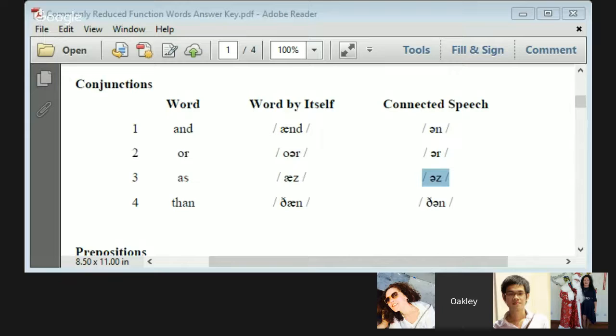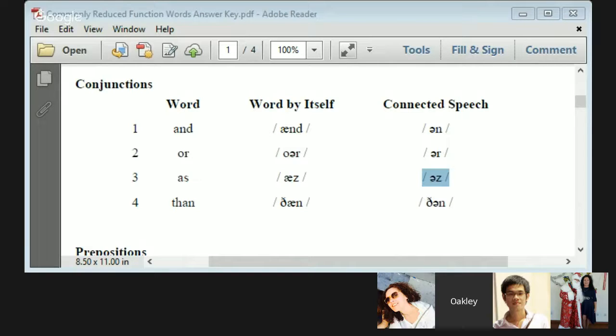"As white as snow." And you can definitely hear that high-low in that very common phrasal construction, "as blank as blank." "As white as snow. As skinny as a rail." Very good.